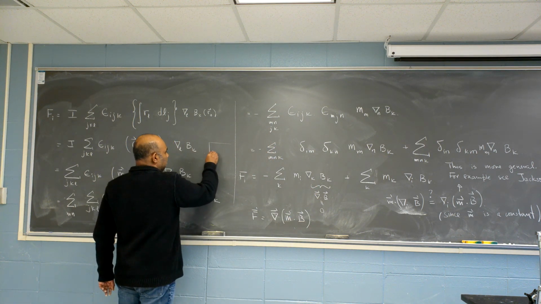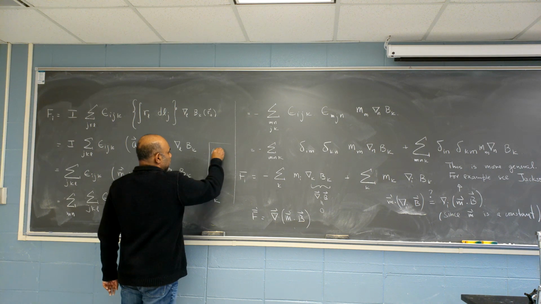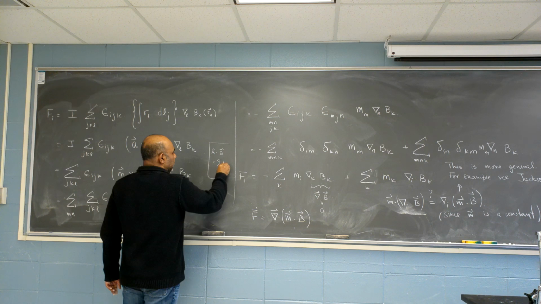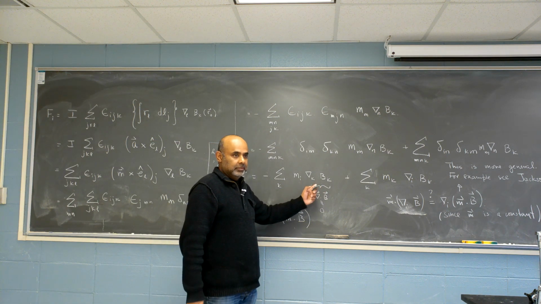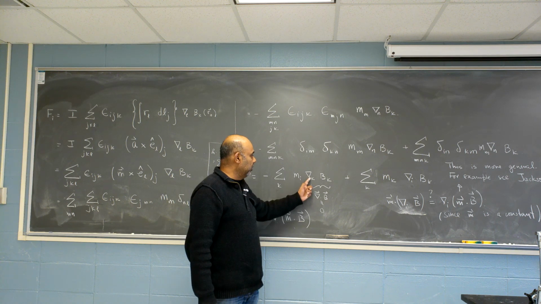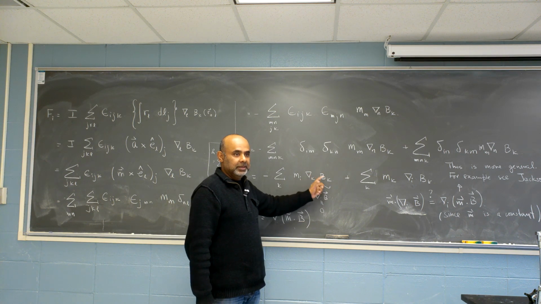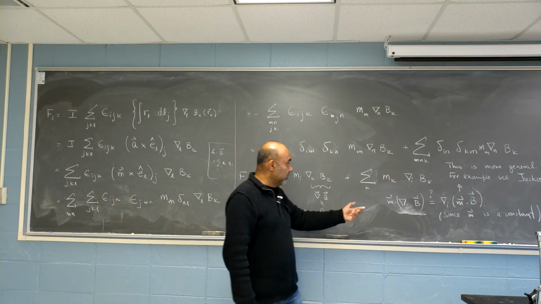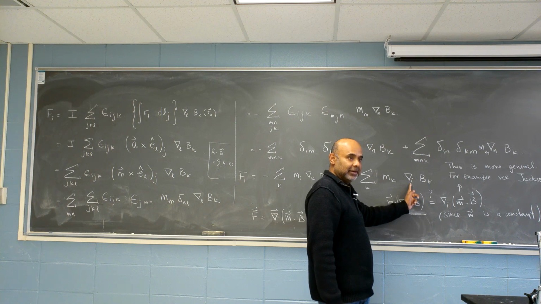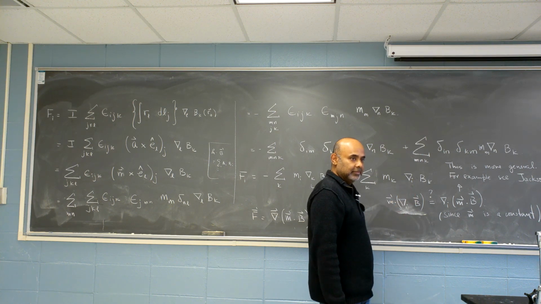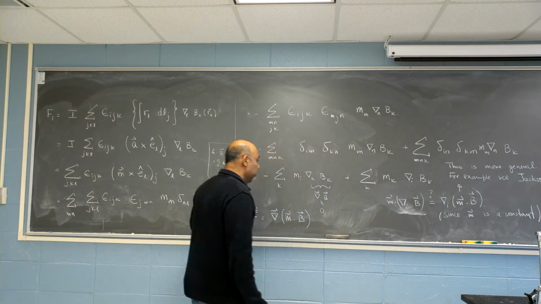For any vector, A dot B is sum over, I don't care what index you use, AI, BI. Delta partial x, BX, partial y, BY, partial z, BZ. That is divergence. Here, it is true. It is M dot B, but there's this guy sticking in the middle. That would be whatever the component is.